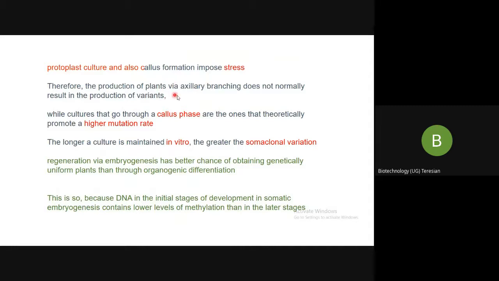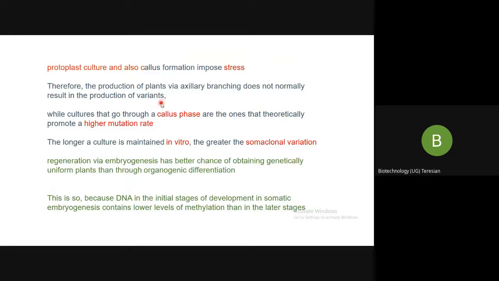Therefore, the production of plants via axillary branching. Okay, we spoke about this axillary branching in micropropagation, remember. Adventitious bud formation and axillary branching, we spoke about in micropropagation. Please go back to the video and look into it for the details. So production via axillary branching does not normally result in variants.